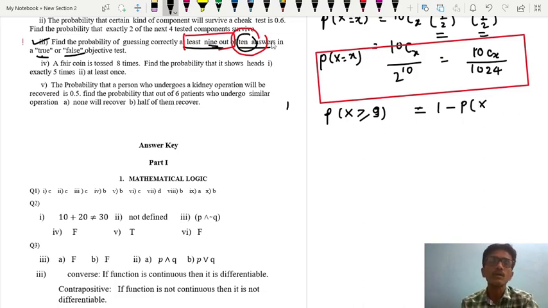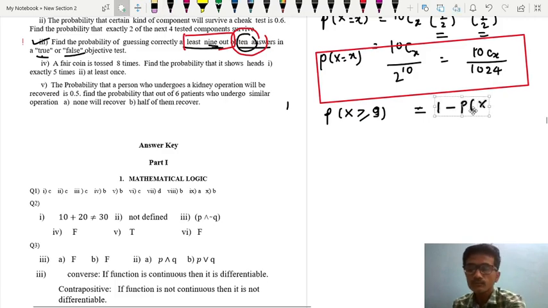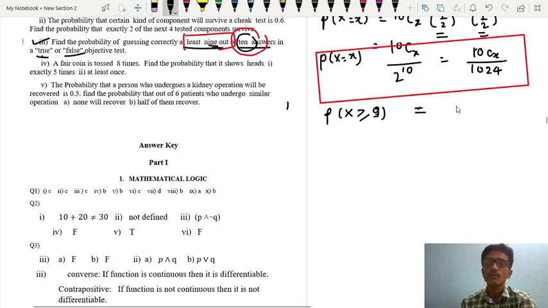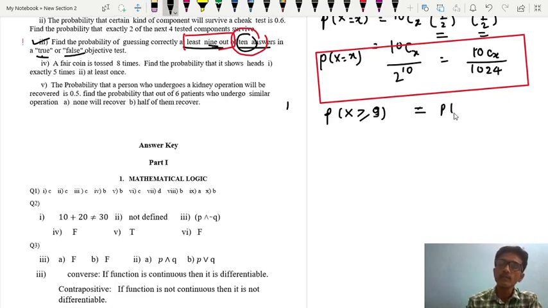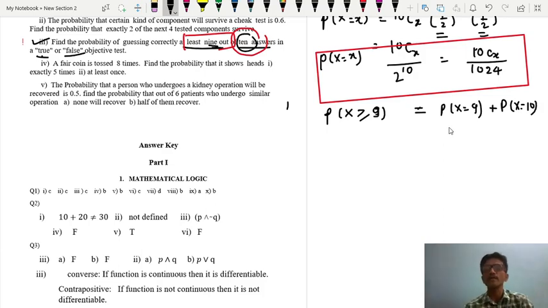At least 9 means we can get either 9 or 10. That means we will write here P of x is equal to 9 plus P of x is equal to 10, 9 or 10, at least 9.